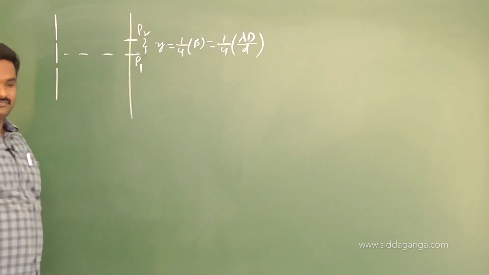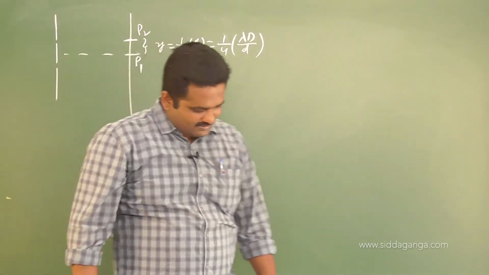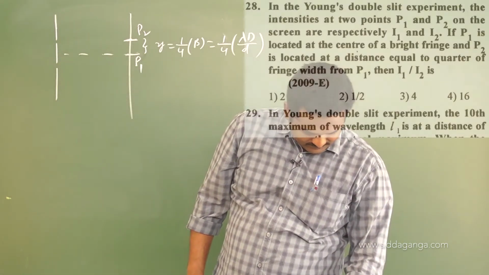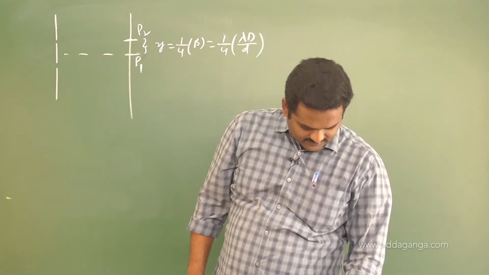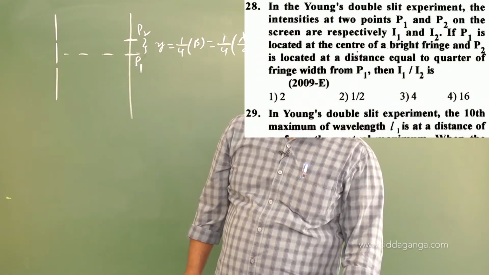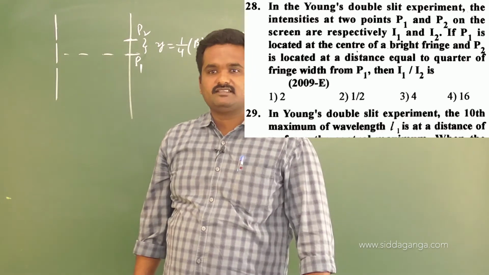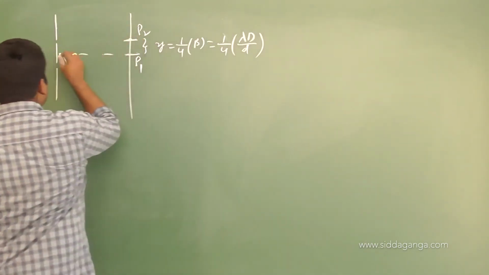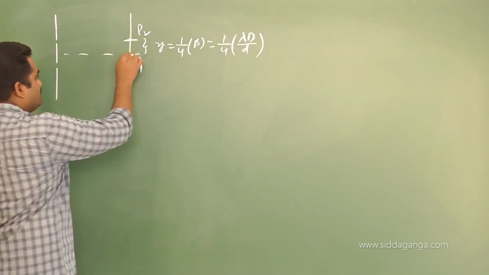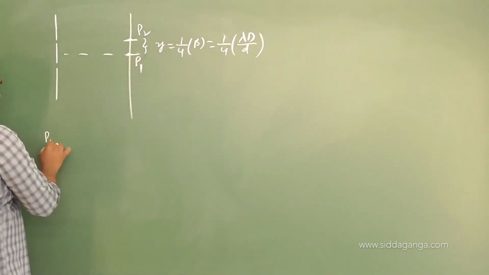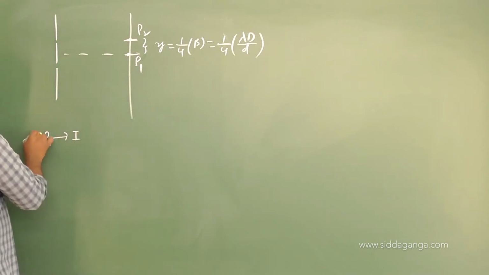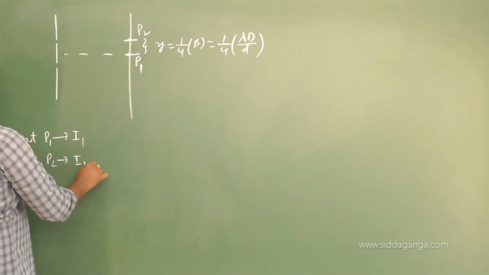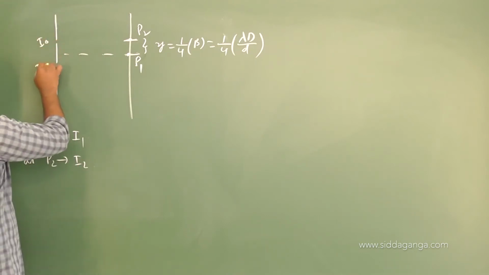Now what's the question they are asking here? The intensities at P1 and P2, I1 by I2, right? At P1 the intensity is I1 and at P2 the intensity is I2. Let me say the two sources have intensities I0 and I0.